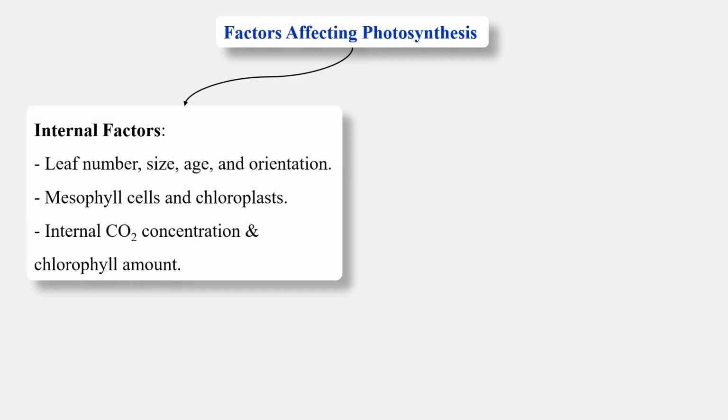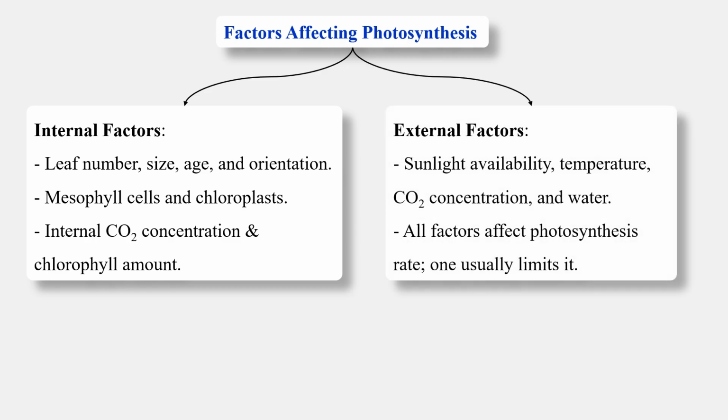Now let's discuss the factors which affect photosynthesis. There are many factors, which come under internal or external factor categories. Internal factors are like leaf number, leaf size, age of leaf, orientation, type of cells like mesophyll cells or bundle sheath cells, stomata, internal carbon dioxide concentration, and chlorophyll amount.